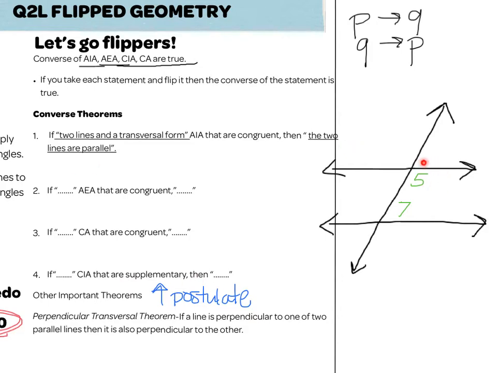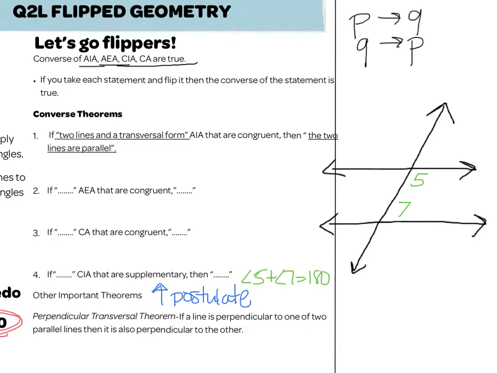So here we have angles 5 and 7, and we'd have a statement that says angle 5 plus angle 7 equals 180, or they are supplementary. Then this is going to be true. So now we have the converse of the CIA postulate. That is 4 converse theorems and a postulate that we'll be using as part of our repertoire now.